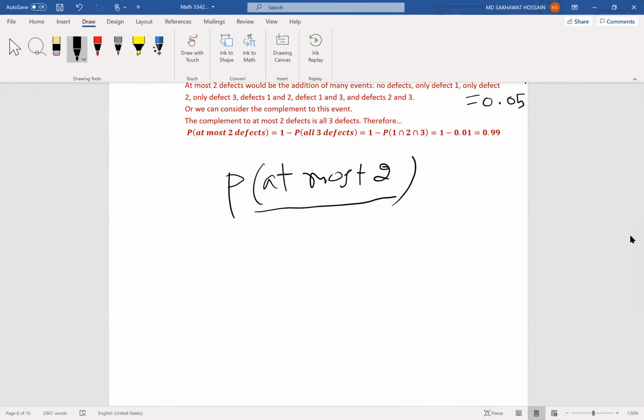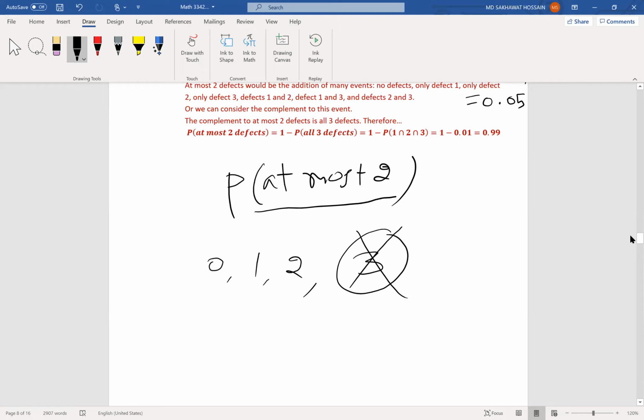So what does it mean by at most 2 defects? That means the system can have 0 defects, meaning there is no defect, can have 1 defect, can have 2 defects. But the system cannot have 3 defects, right? So we are looking for the probability at most 2. That means the probability that the system doesn't have all 3 defects.